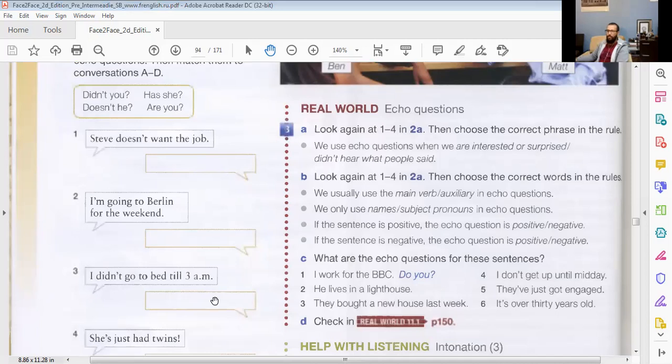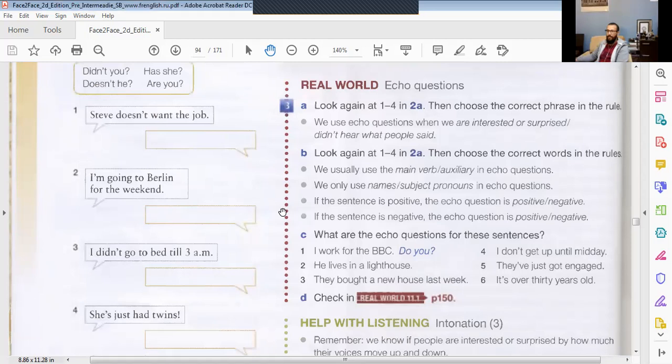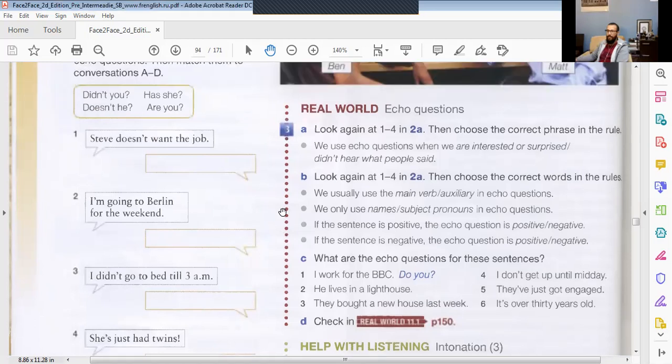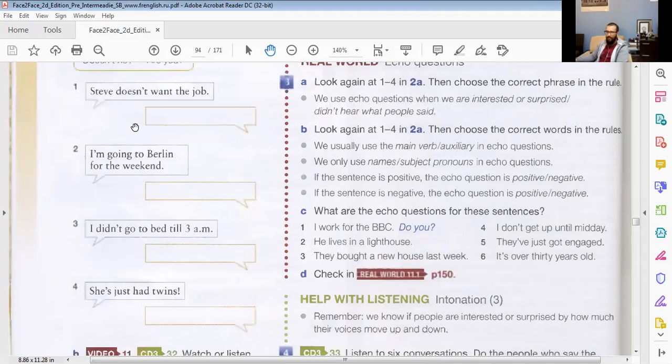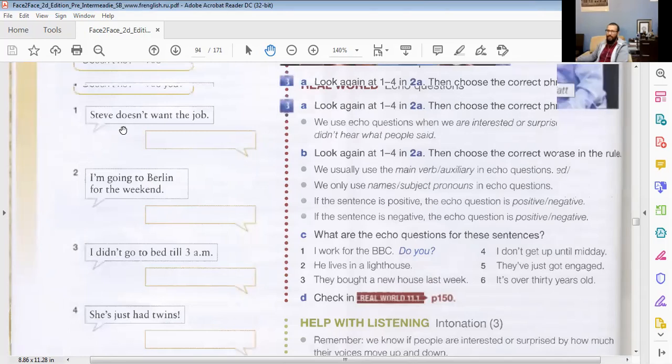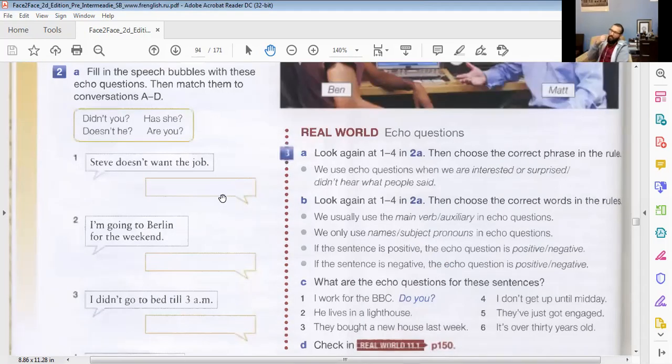Mm-hmm. She's just had twins. Has she? That's it. Yes. So that's all. Do you see how they work? These are called echo questions.